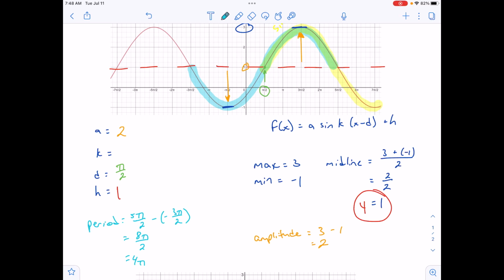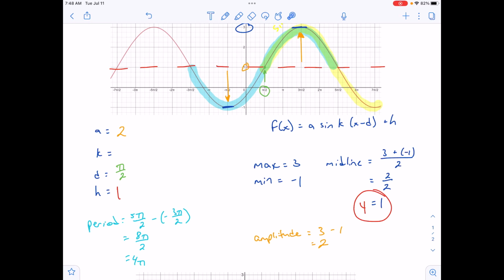It takes 4 pi for me to go from one start of the cycle to one end of the cycle. As I said, that cycle is going to change, but the period being 4 pi does not change regardless of where we figured it out.